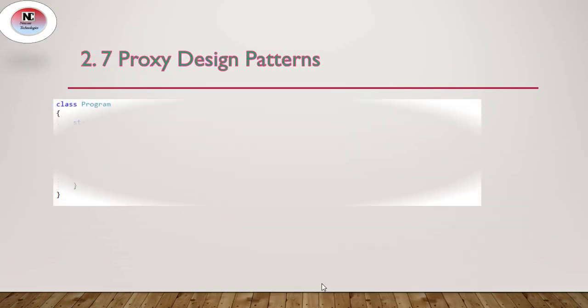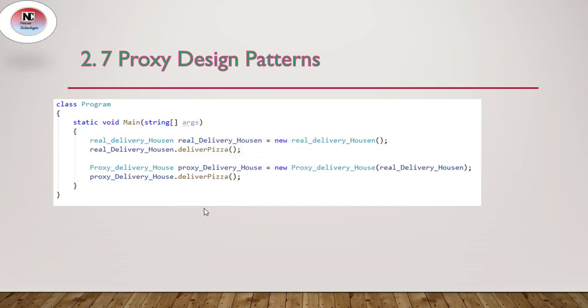So let's see what the client is calling. Over here the client is calling the real delivery house, which also inherits this interface and will deliver it. Whereas when we call proxy delivery, we pass the real delivery option to it, and that particular house is going to call proxy delivery, which will be delivered by the deliver pizza method.